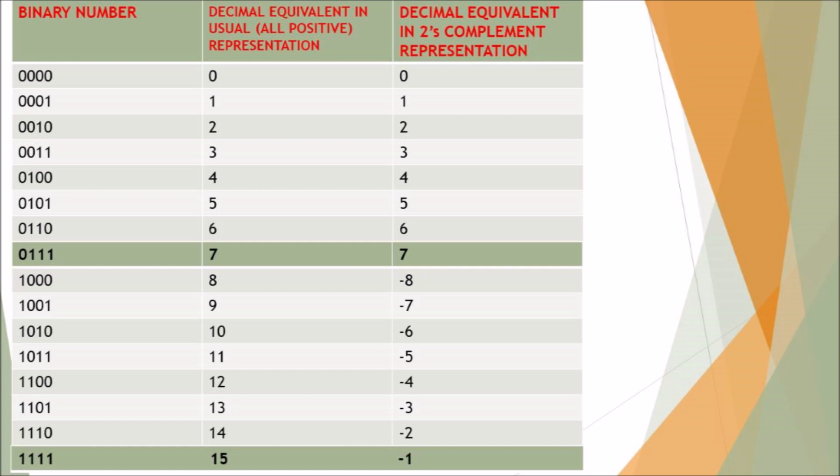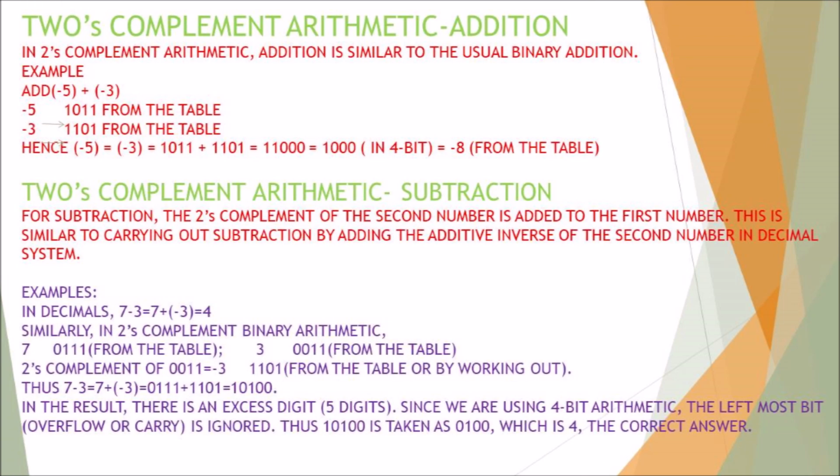You see the minus 4 value is 1100. Like this we have to convert the given decimal number to binary, find the 1's complement and add 1 to find the 2's complement for the given negative decimal number.